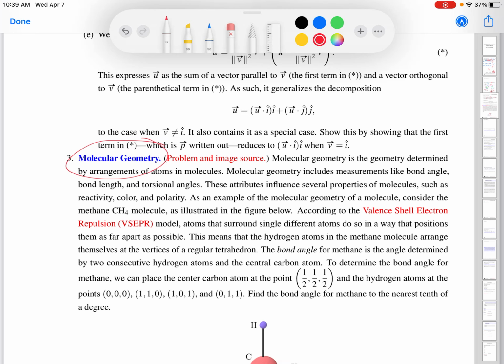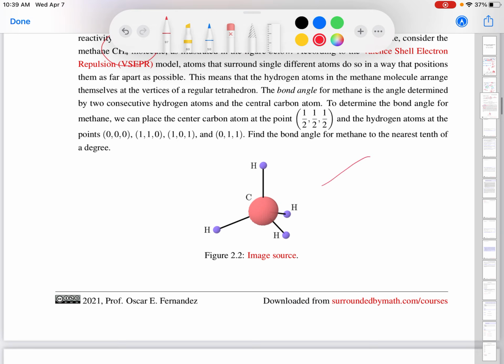Here's a really nice one where you can find what's called the bond angle of the methane molecule, CH4. So this is a really cool one. So here's a methane molecule, and if you construct vectors connecting the carbon atom to the hydrogen atoms, and then you ask what is the angle between two consecutive hydrogen atoms and the central carbon atom, you can calculate this using dot products.